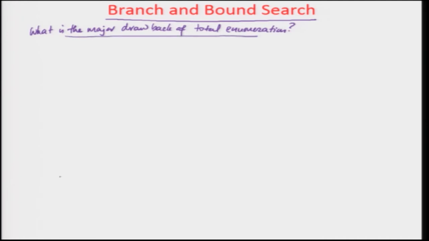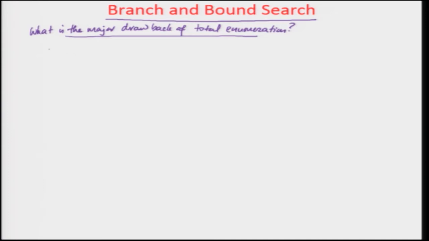What is the major drawback of total enumeration? What happens when you do the total enumeration? Why do people not heavily use it?